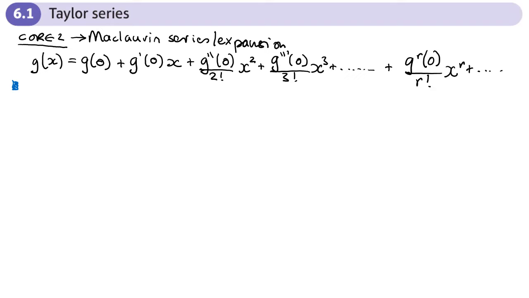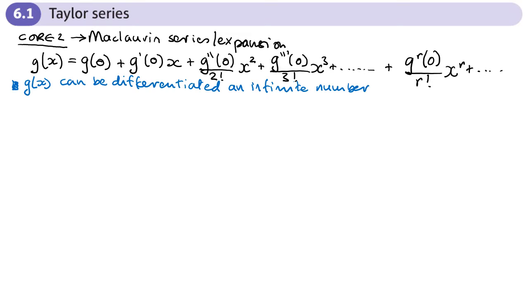All of those can be differentiated an infinite number of times. So we can only write the Maclaurin expansion if g of x can be differentiated an infinite number of times. Okay, that's the first thing.